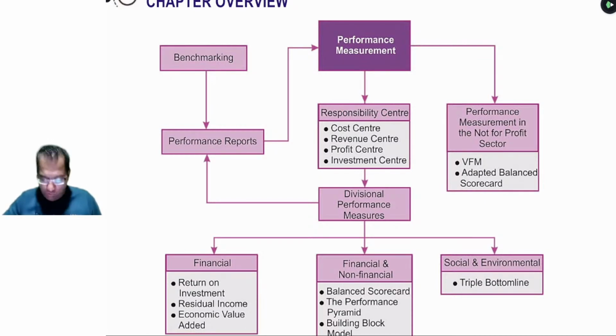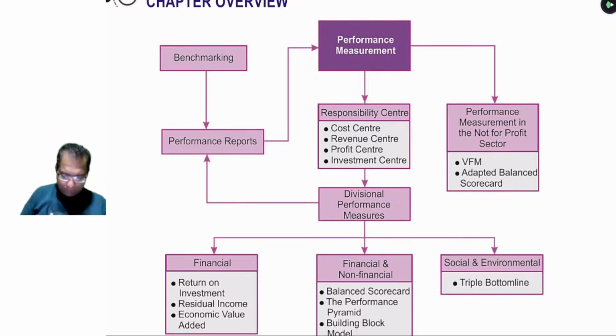The answer is no. Even for a not-for-profit organization, we have a technique, a mechanism to measure the performance of a not-for-profit organization so that their performance will be measured and evaluated and they can be held accountable for whatever donation money they have received for the faith.